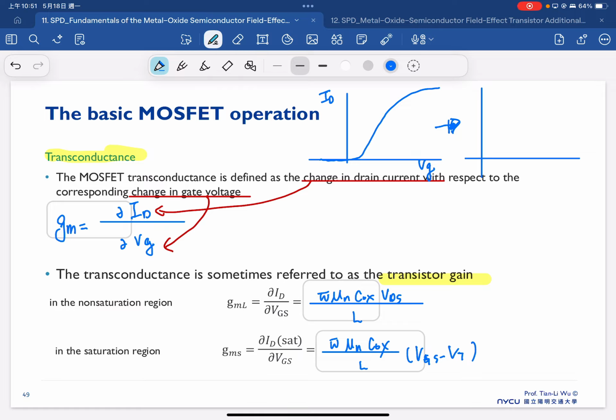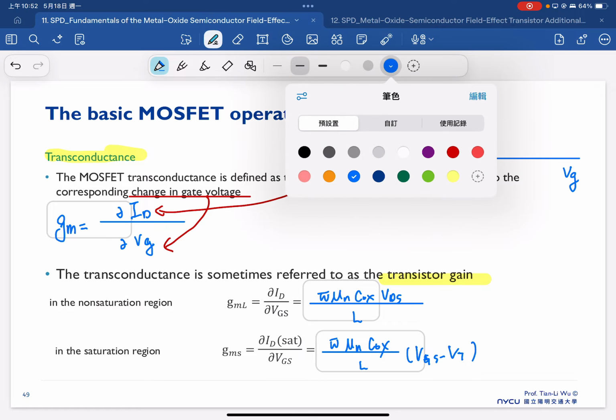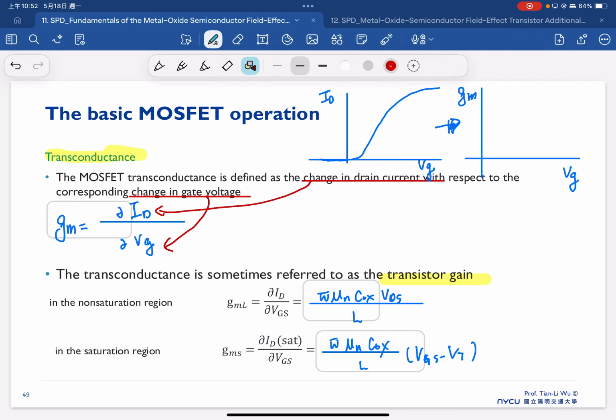So we have the gM versus VG here. The derivative of ID over VG in the end will become this curve. Once the gate voltage is larger than the threshold voltage, we start to see the transconductance increase, but then it will drop.